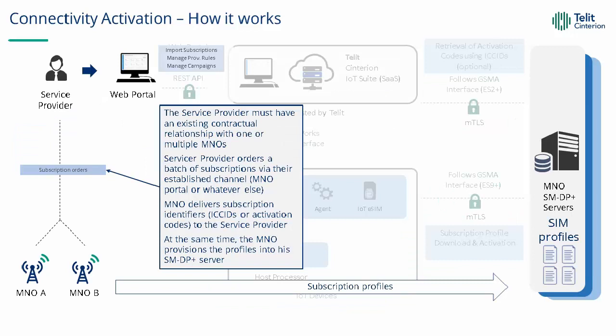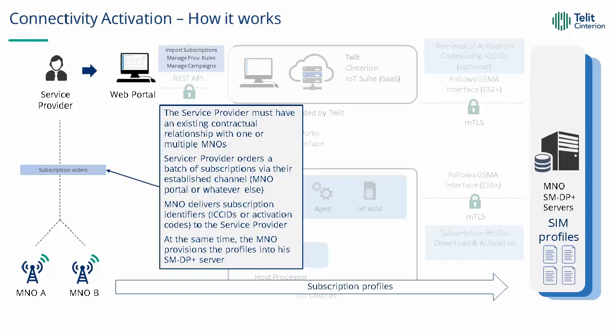So again, here is a step-by-step guide. Just like I said at the very beginning, you purchase those activation codes from your MNO partner, and they will share all those codes with you.